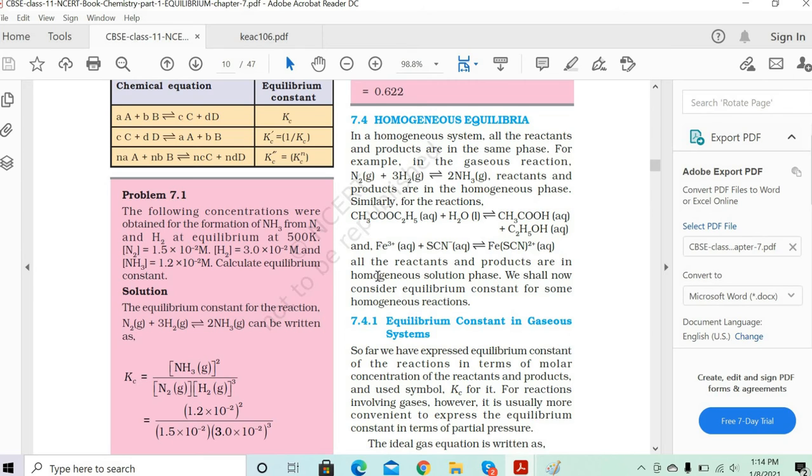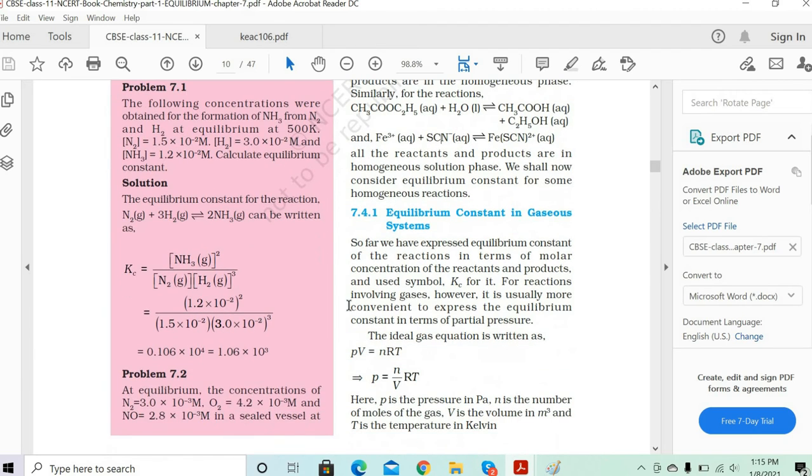For example, it can be any aqueous ions. If all the reactants and products are in the aqueous state, we can say that it is a homogeneous solution, because you cannot separate it out. A homogeneous solution is difficult to separate, right? An example is salt and water. It becomes a homogeneous solution.